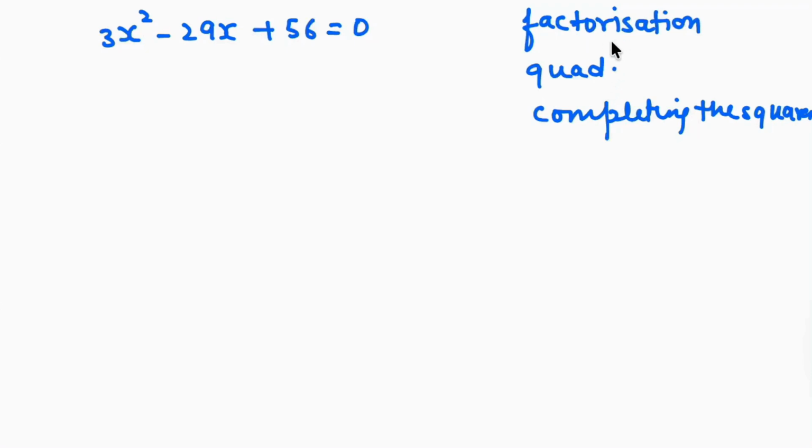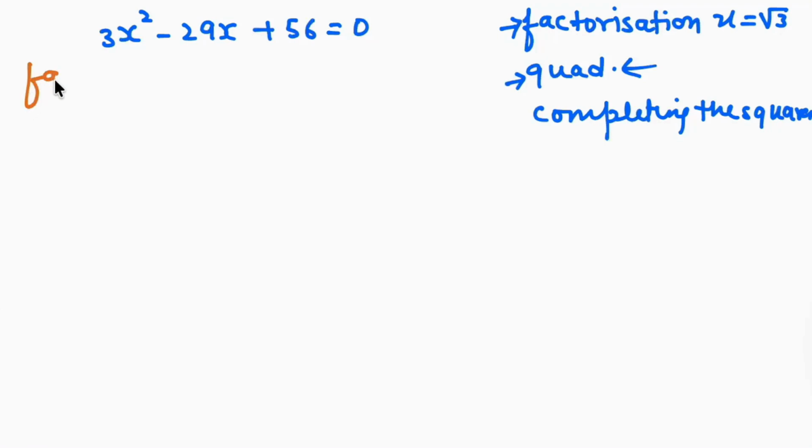Factorization is tricky when you have square root questions, for example, when the roots are x is equal to root 3 or some irrational number. The quadratic formula is applicable and convenient every single time. This question I'll solve by two methods, factorization and quadratic formula. So let's start.